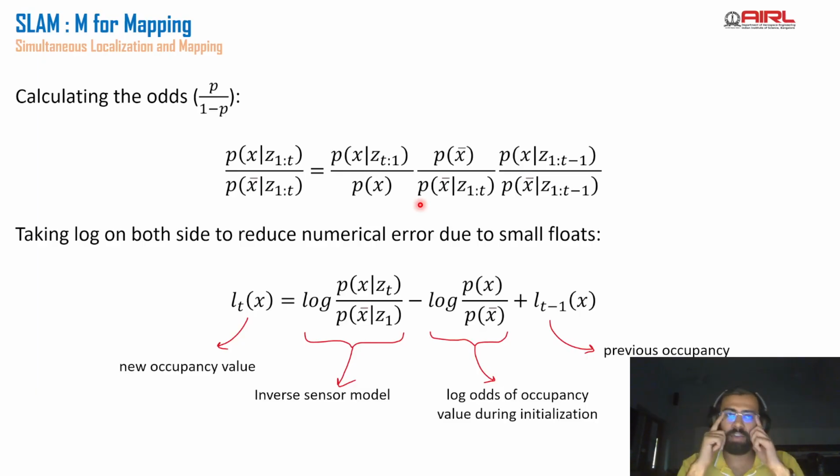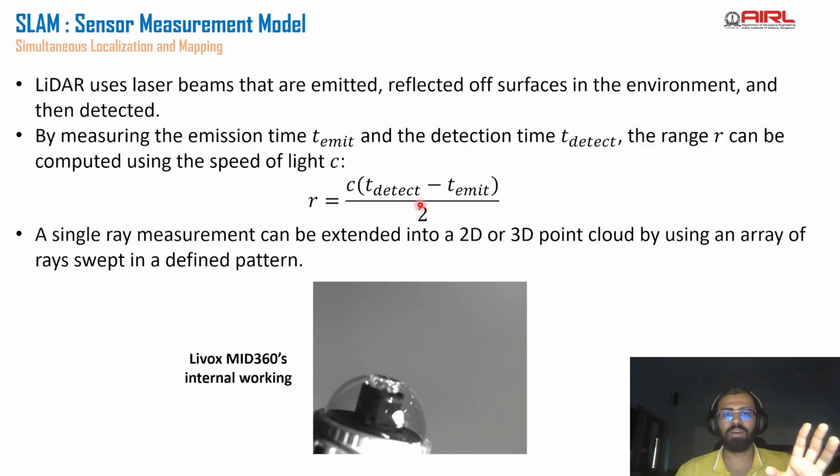So initially I will make an assumption of whether my cells are occupied, how many cells would be occupied and how many wouldn't be. Usually we'll keep this at 0.5, so that term just goes away, but this is just an assumption, right? And then you also have the inverse sensor model: given a particular observation, with how much probability I can say that this was my state. That is the inverse sensor model.